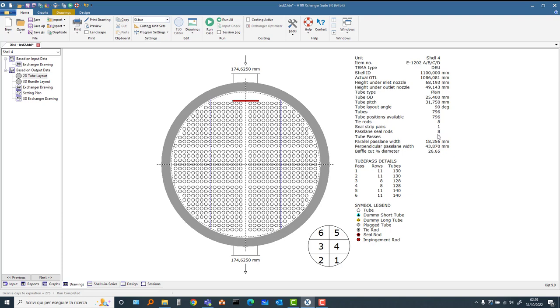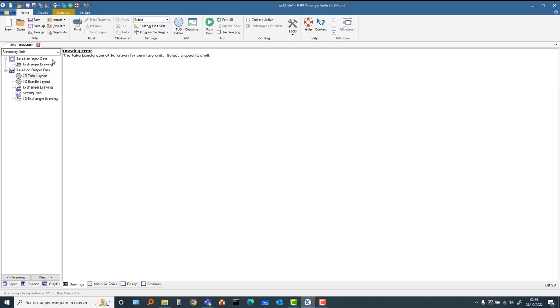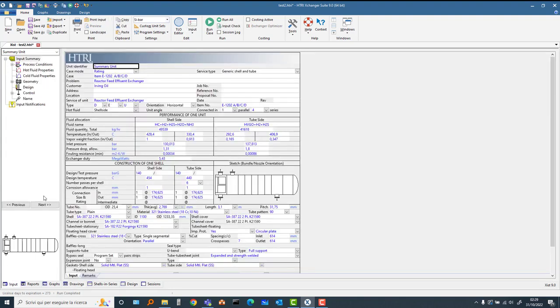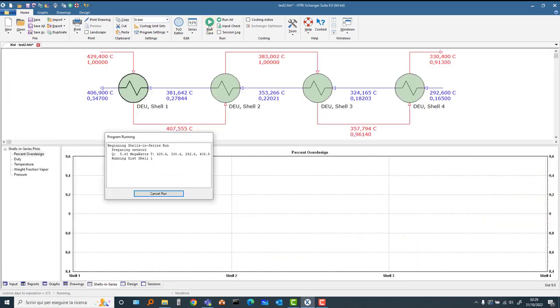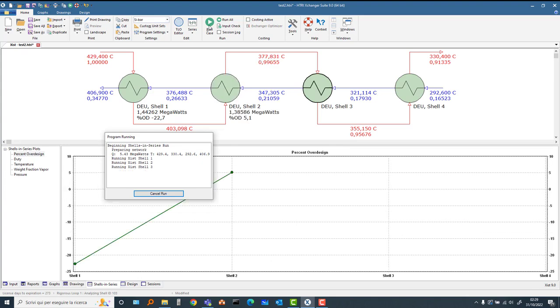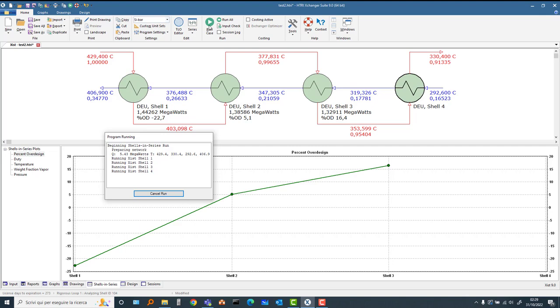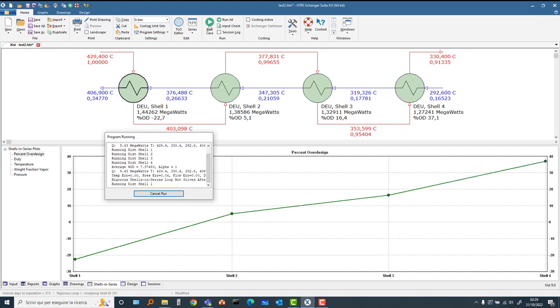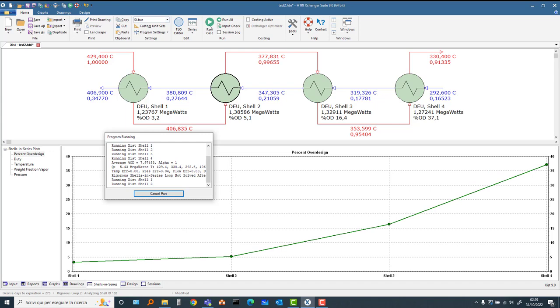We could try one more thing, say to increase the pressure drop on the shell side. So in the summary unit, we come back to the input, and instead of having 7 cross passes, we put 8 cross passes and see if something possibly changes. Maybe having a higher over surface is a better thing, of course, provided the pressure drops always remain under the specified limits.